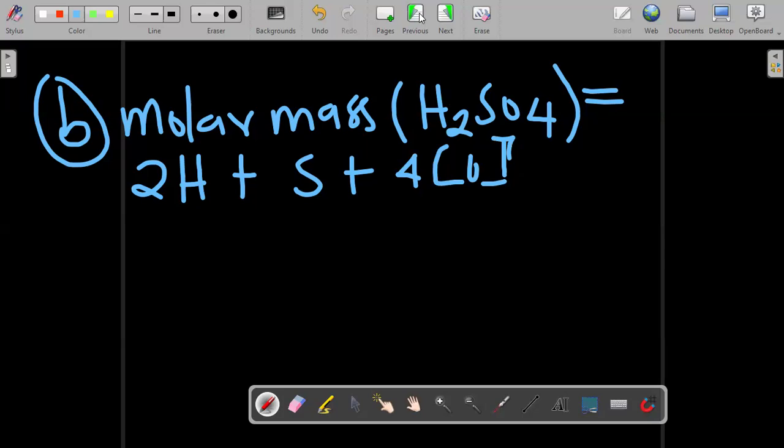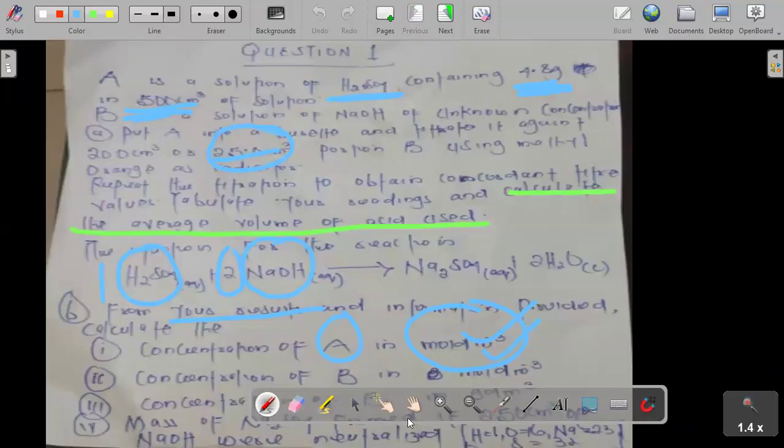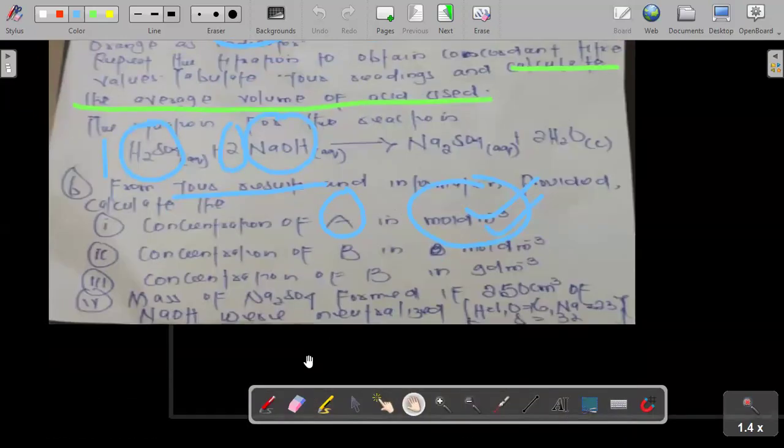Now, if you go back to the question, they gave us atomic masses. You can see hydrogen is 1, oxygen is 16, sodium is 23, sulfur is 32. So anywhere I see hydrogen, I'll put 1. Anywhere I see sulfur, I'll put 32. Anywhere I see oxygen, I will put 16.